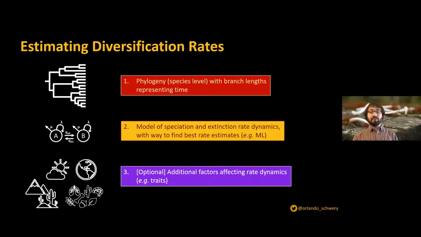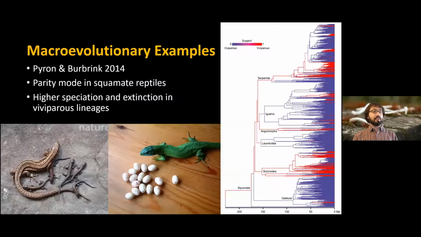So people have been using those models quite a lot to answer questions. For example, here someone figured out, it was Pyron and Burbrink, that egg-laying squamates have lower speciation and extinction rates than viviparous ones.